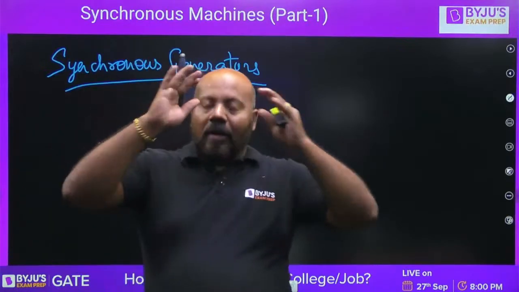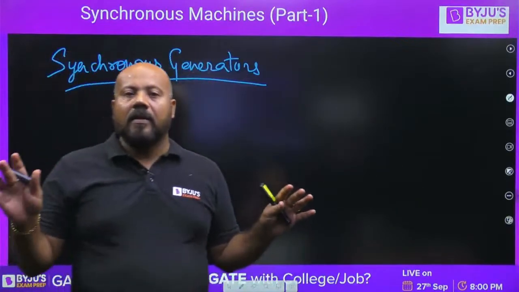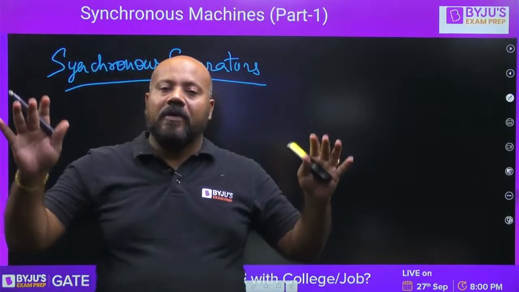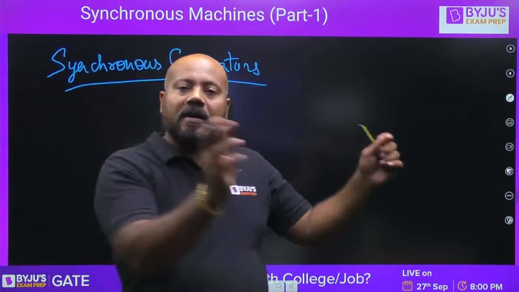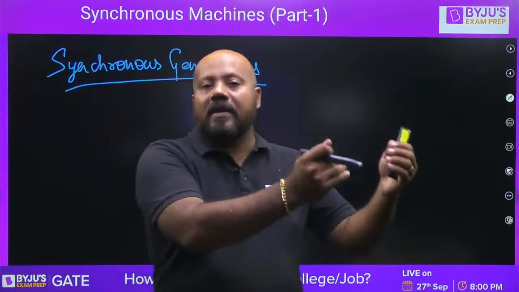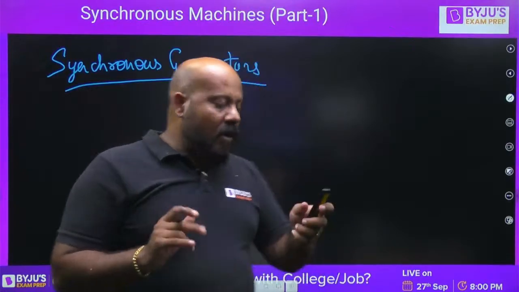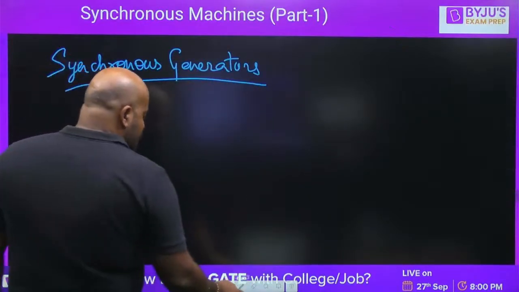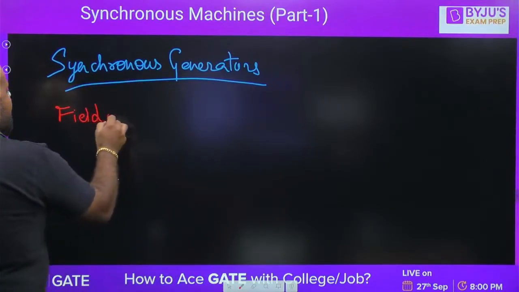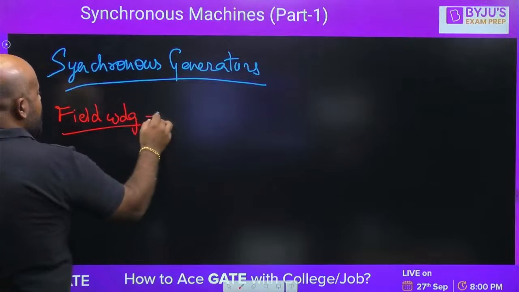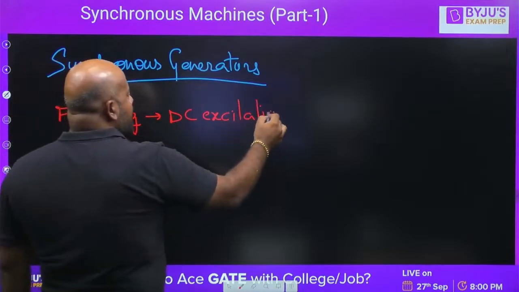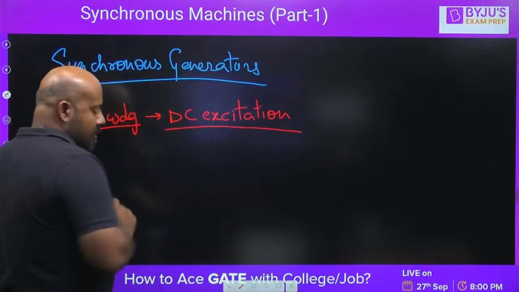To avoid all these problems, we put the armature winding in the stator, that is the stationary part, and we make the field winding rotating. If you talk about the field winding, the field winding is going to have DC excitation.